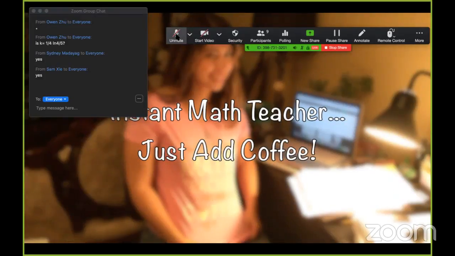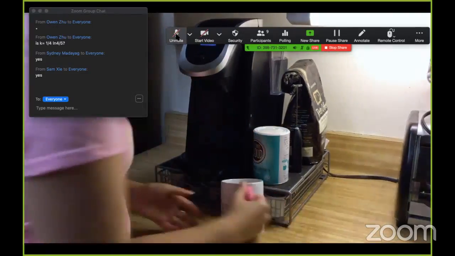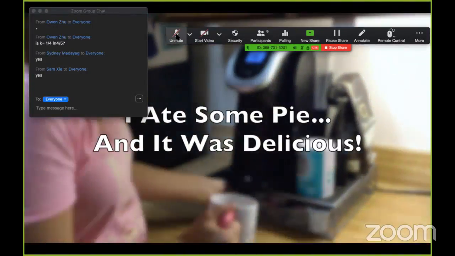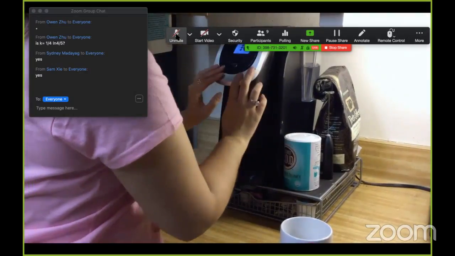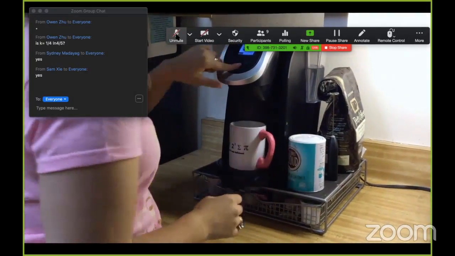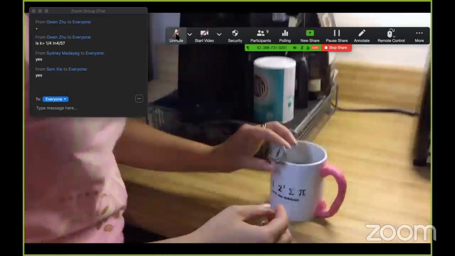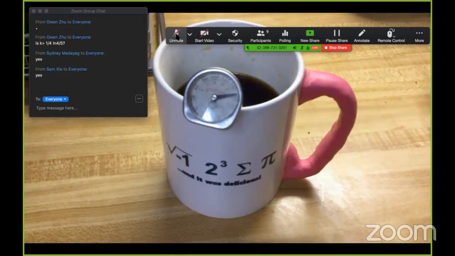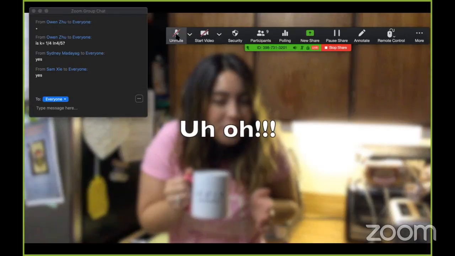Coffee. Miss Martin can't drink coffee unless it's in her I ate some pie and it was delicious mug. Uh-oh, she got burnt.